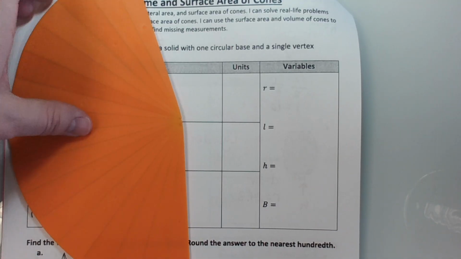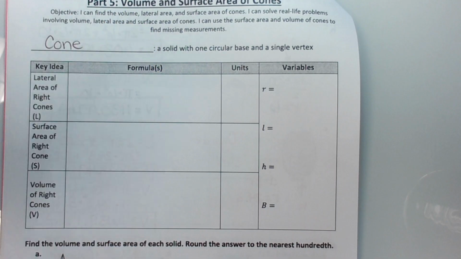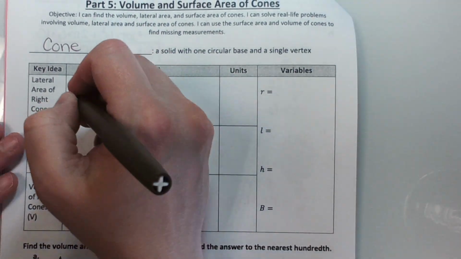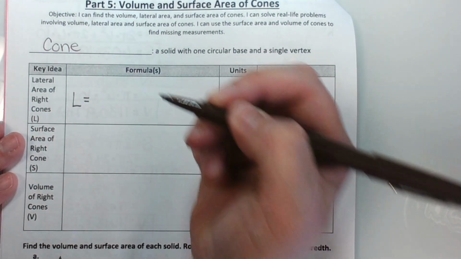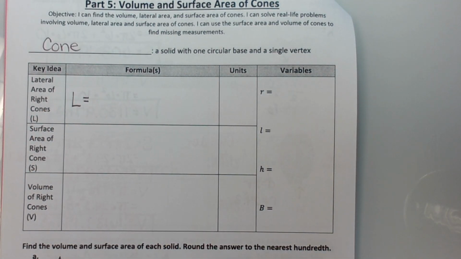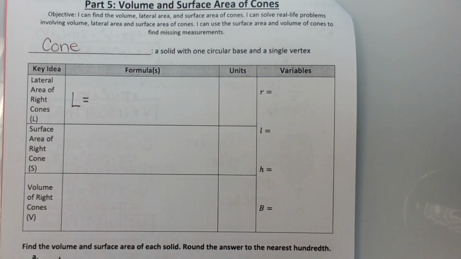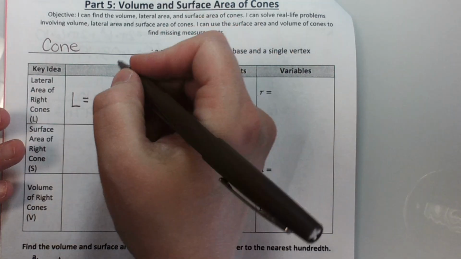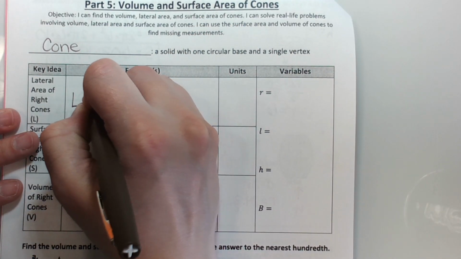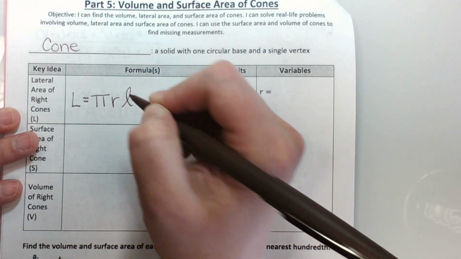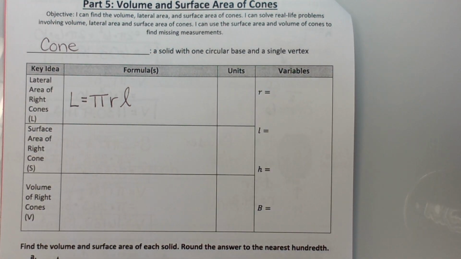Not quite. It is getting part of a circle, but not a full circle. I don't have a great descriptor as to why this is the formula for lateral area, but it's pi r l.